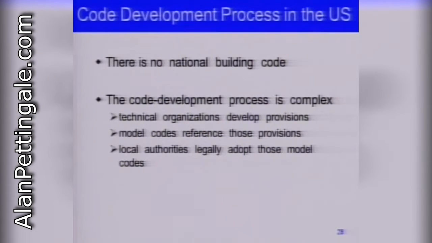I'm sure Ben understands it and knows it very well, but that doesn't apply to all of us. So here you have technical organizations that develop provisions, and then there are the model codes that reference those provisions, and then you have the local authorities that can select and adopt the codes that they like. So it's, as I said, complex, but that's how it works.